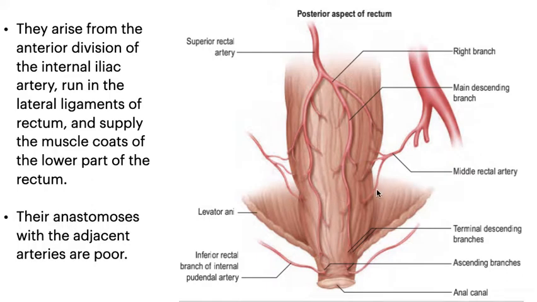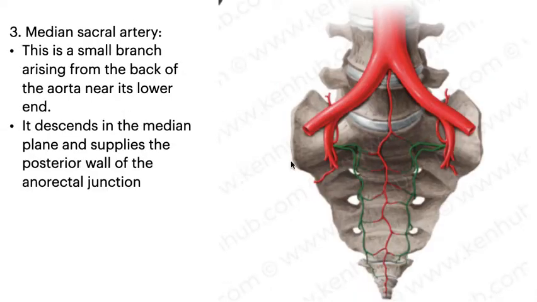Its anastomosis with the adjacent arteries is very poor compared to the looped anastomosis of the superior rectal artery. This is the median sacral artery, a branch arising from the back of the aorta near the lower end, descending in the median plane and supplying the posterior wall of the anorectal junction.